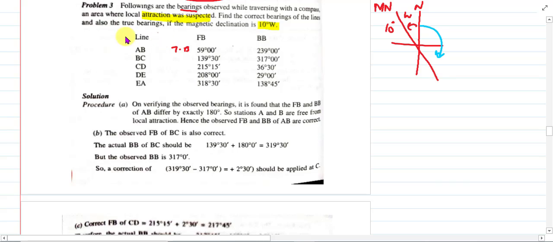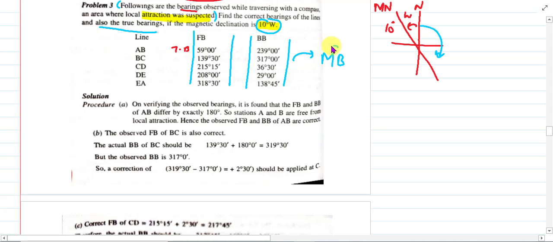Okay, so here they are saying also the true bearing. If I just finish this first sentence, according to the first sentence, these values are your true bearing. But when I move forward to the next sentence, which says find the correct bearing of the lines and also the true bearing if the magnetic declination is 10 degree, it means in this question the column number 2 and 3 will be converted into magnetic bearing.